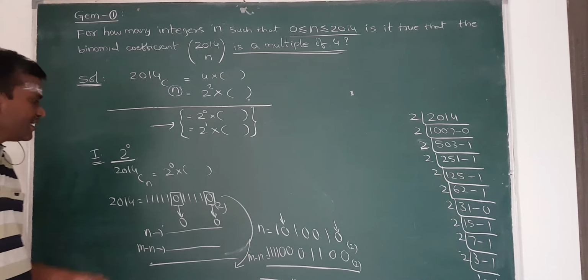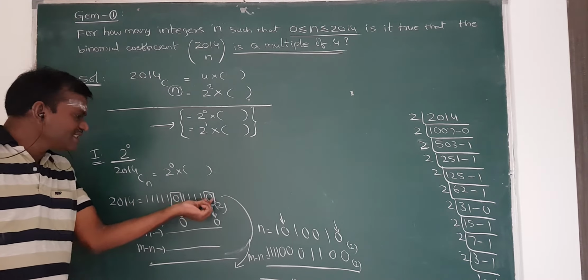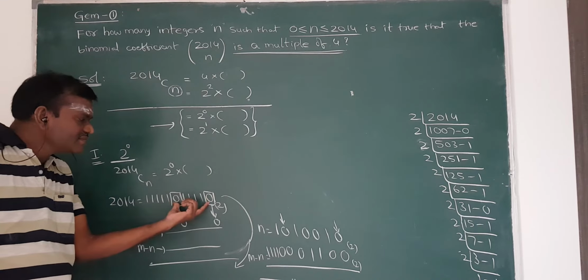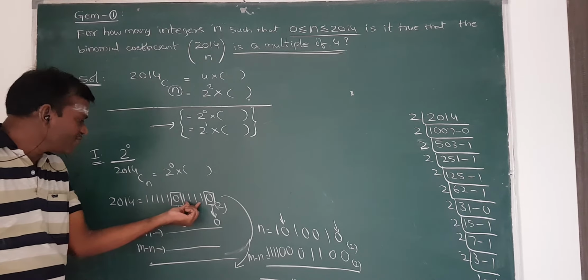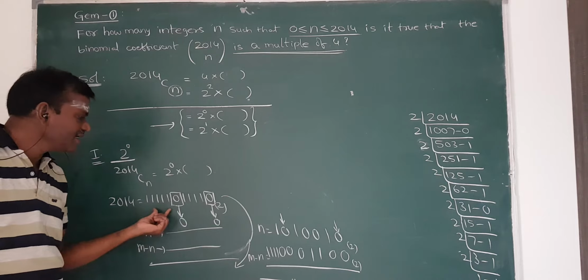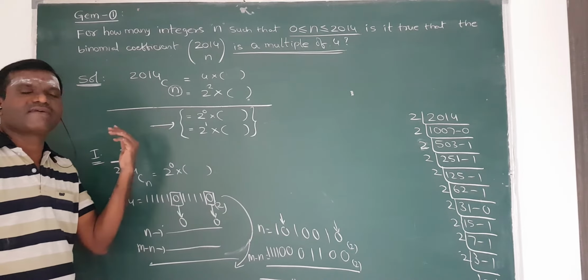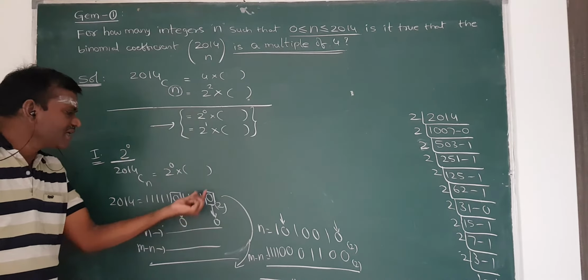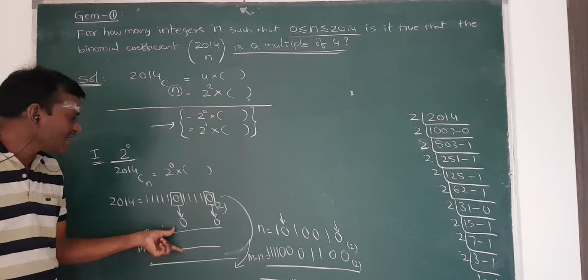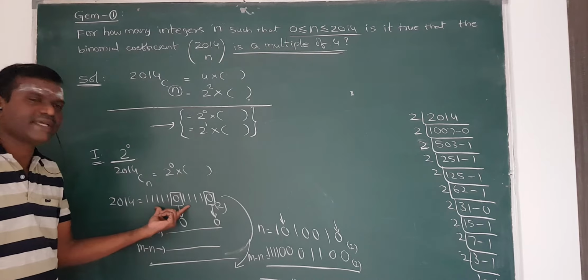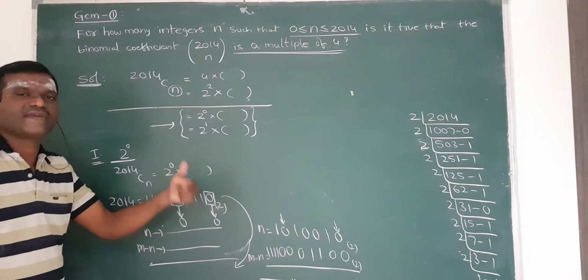So that means if we keep these two positions at 0 only, and the remaining 9 positions are there, in the remaining 9 positions you may keep either 0 or 1, whatever it may be. Then always you will get the sum of these two numbers as 2014 in base 2 without carrying of any number.